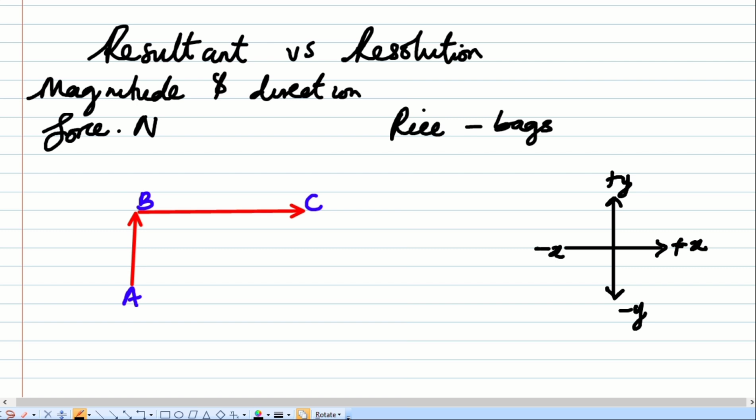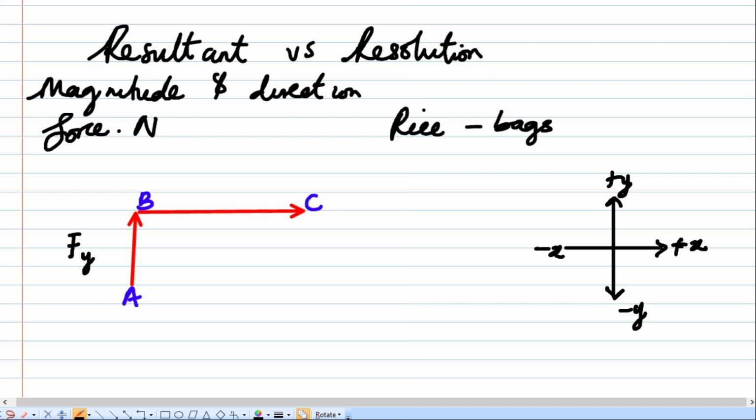So when we are moving this body from A to B, we're along the positive y-axis. However, for this example, I don't care whether it's positive or negative. I just care whether it's along the y-axis or along the x-axis. So this first force we apply from A to B is along the y-axis, and since we are considering force, let's call it Fy.